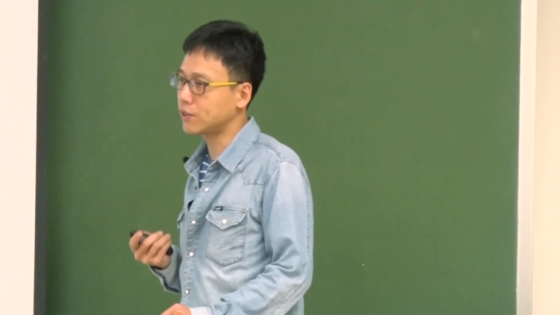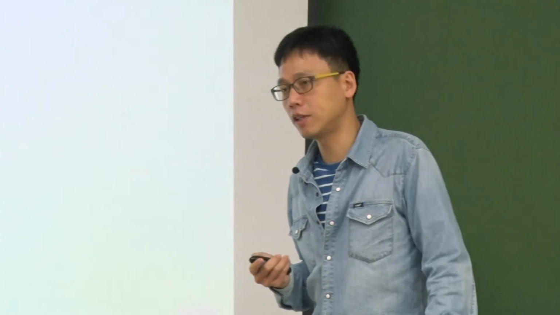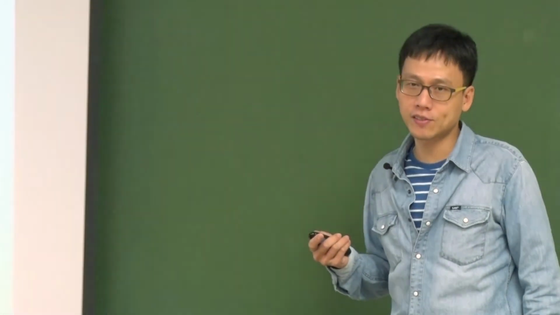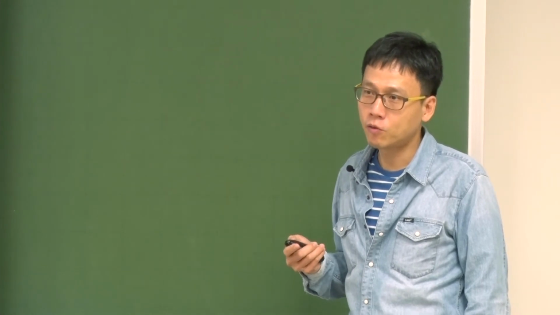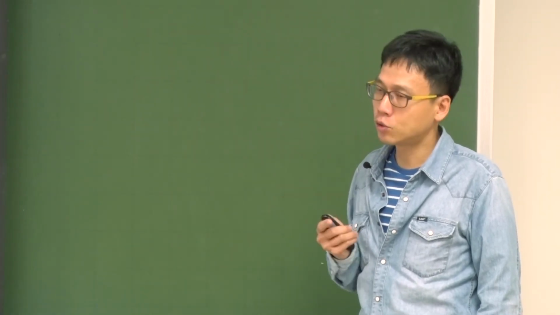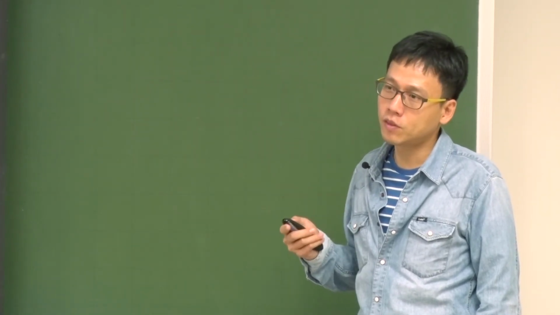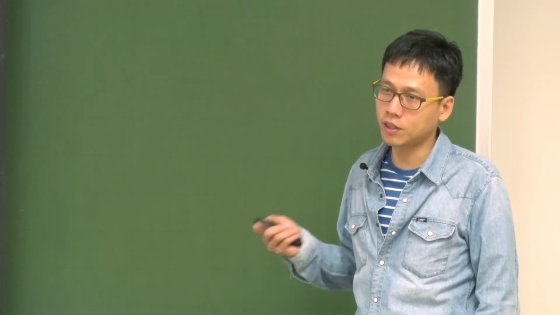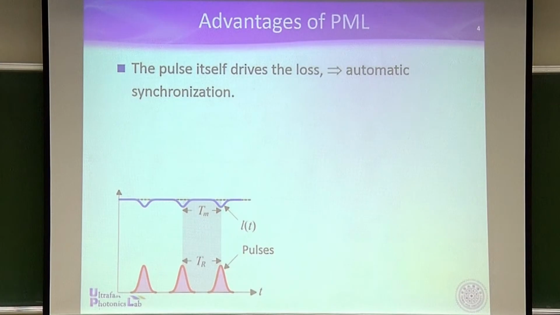So we replace the external modulator by a saturable absorber. What would be the advantages? Fortunately, the replacement can solve the two difficulties encountered in active mode-locking. Number one, the pulse itself drives the loss, so there is automatic synchronization.